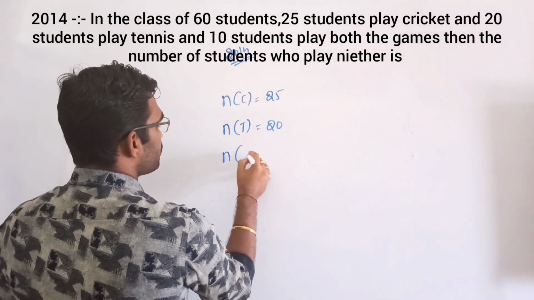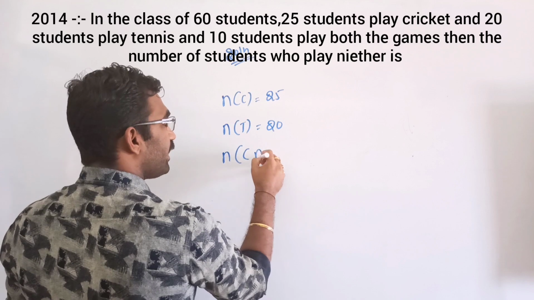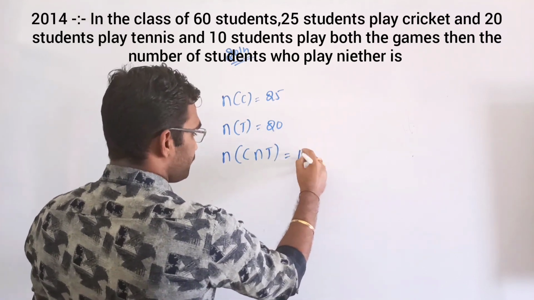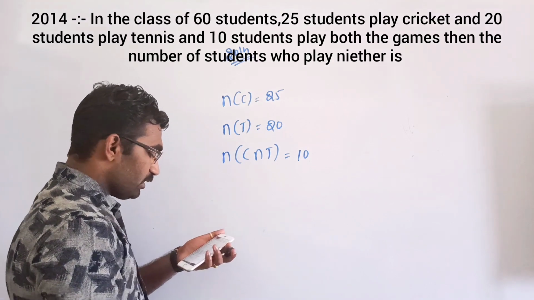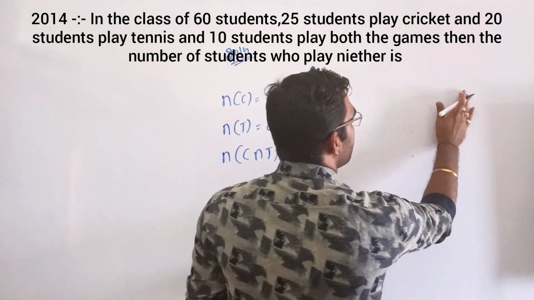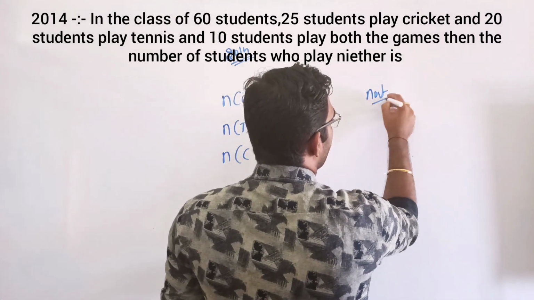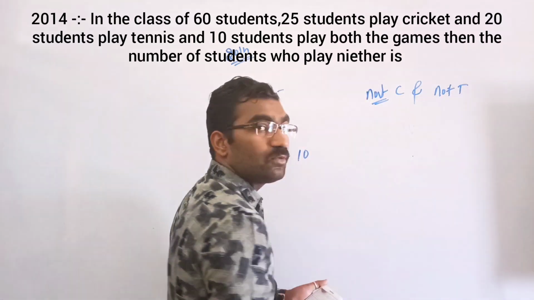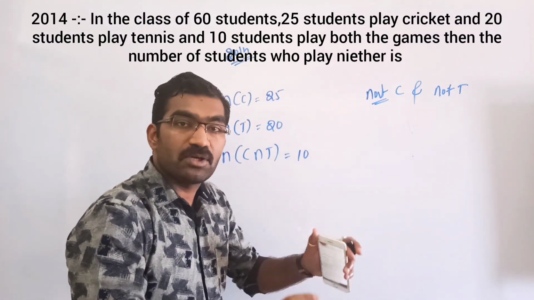The number of students who play cricket and tennis is 10. Then the number of students who play neither, meaning not cricket and not tennis.